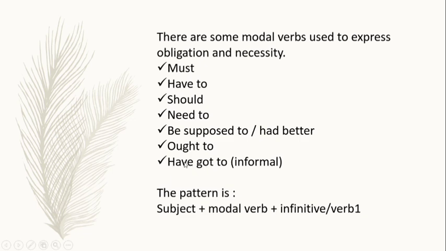If you use have got to, you express an informal sentence. Must and have to, like I explained before, indicate strong obligation. And should indicates weak obligation.